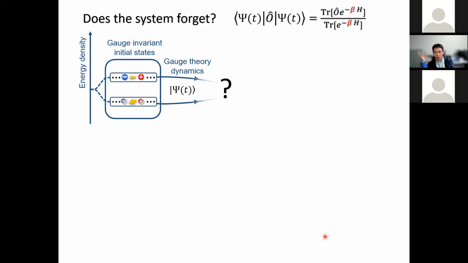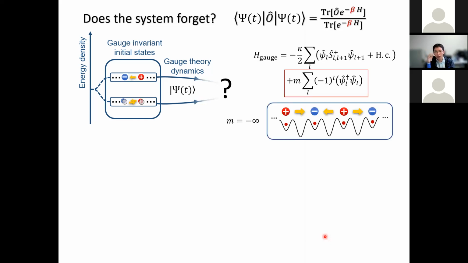So we need to prepare a set of gauge-invariant initial states with various energy densities. And we can do that by ramping the system from this fully filled matter state, which is a ground state of the mass negative infinity Hamiltonian.